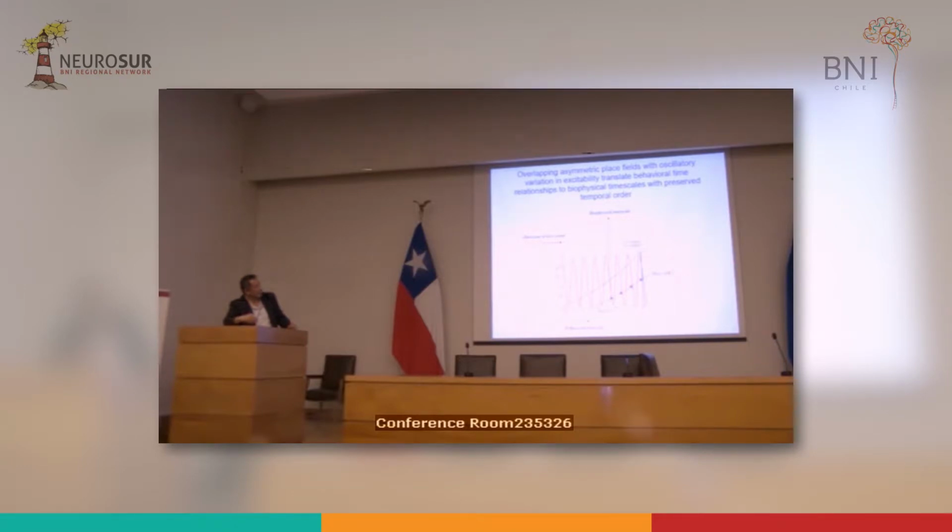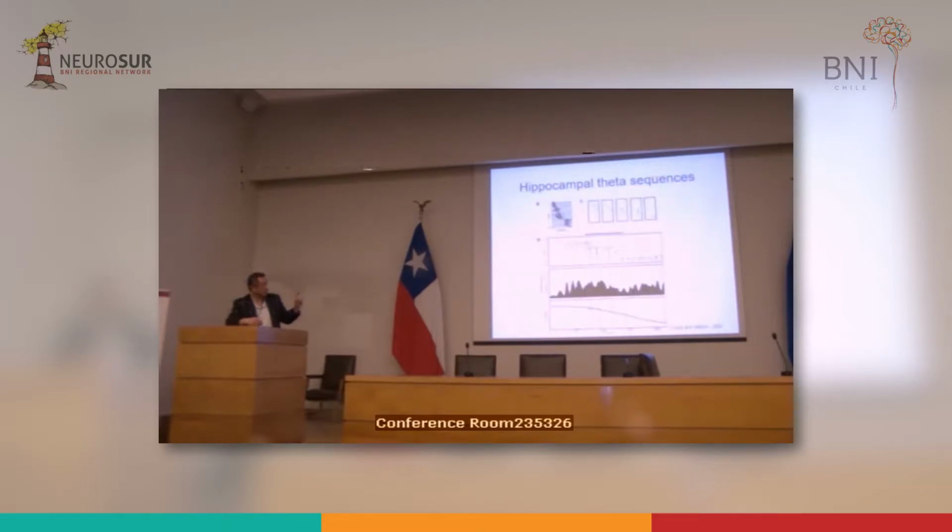You notice place cell 1 is always going to fire before place cell 2 in each and every theta cycle. And that is phase precession in single cells translates into sequences in the theta oscillation, or what we refer to as theta sequences, in a population of cells. And that is that the hippocampus is actually creating a sequential code that's expressed every single theta cycle.